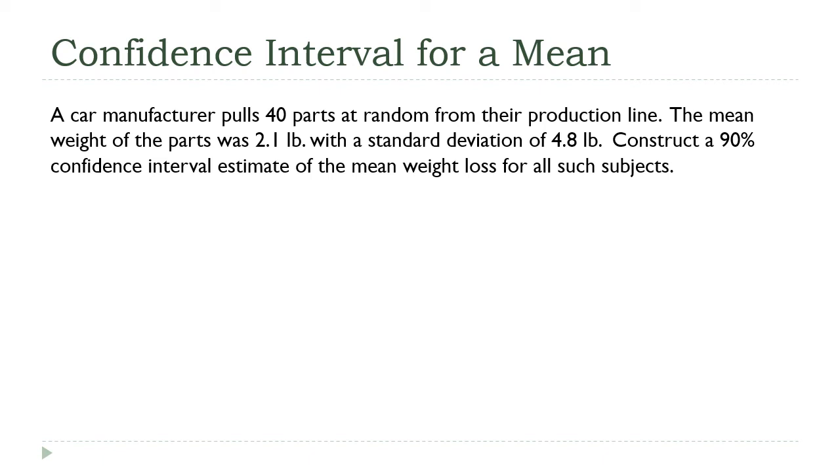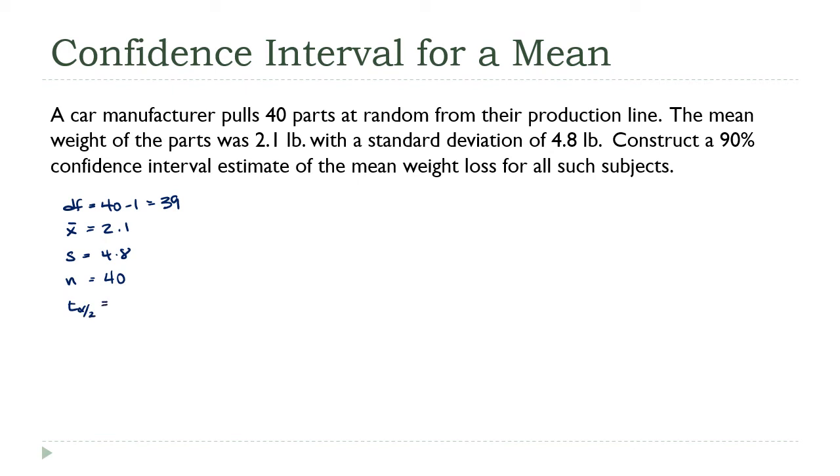So let's see, what do we have going on here? We know that the degrees of freedom is the sample size minus 1. 40 minus 1 is 39. We know that the sample mean is 2.1. The sample standard deviation is 4.8. The sample size is 40. And what is my t-score?